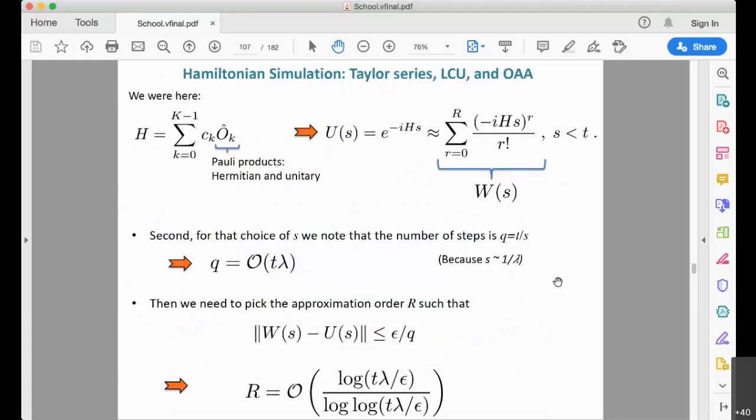The algorithm is a concatenation of Q steps, and each step approximates the evolution for time T over Q with precision epsilon over Q. This is what sets the cutoff. Then there is a complexity associated with each step that depends on this R, linear in R. I have to multiply that by Q, and I told you Q is almost linear in the evolution time.